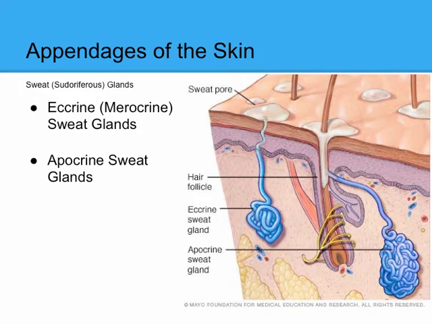Apocrine glands, only about 2,000 of them, primarily empty into hair follicles, like oil glands. These glands release a substance that contains fat and other organic molecules, which bacteria decompose, and this decomposition process makes the smell.